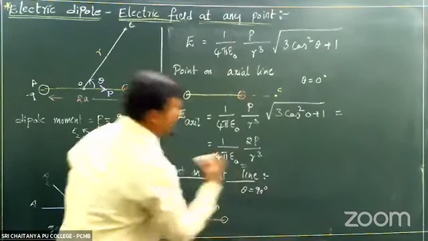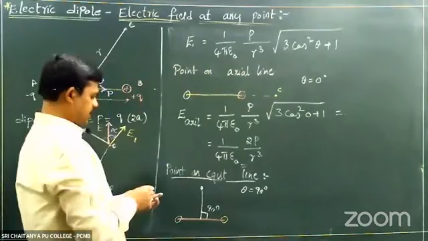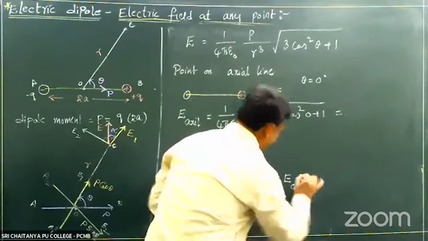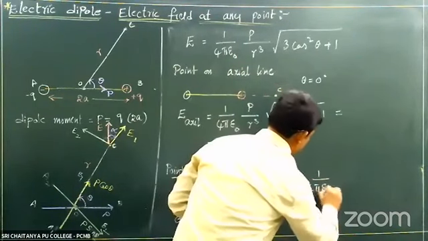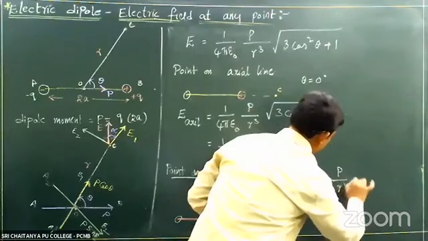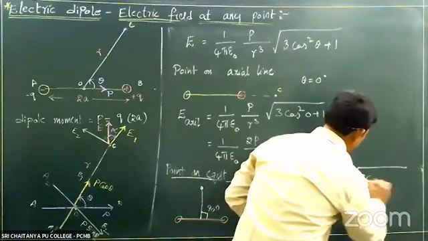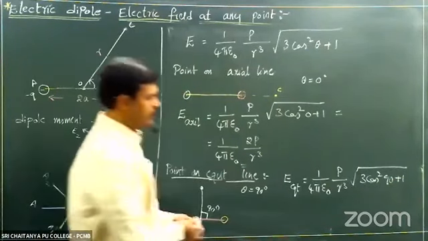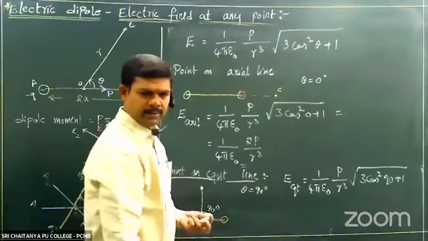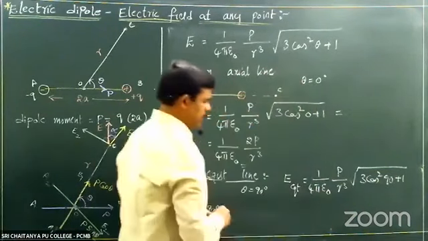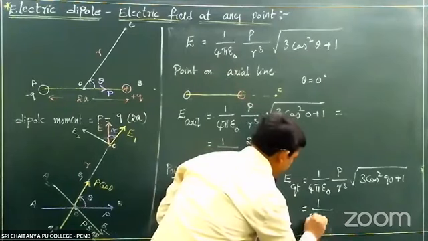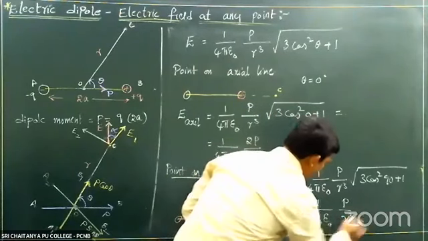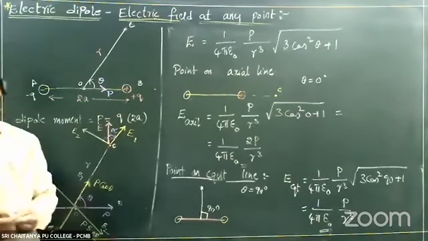Theta is equal to 90. Then take the formula and substitute it. E equatorial is 1 by 4 pi epsilon naught P by R cube root over 3 cos square 90 plus 1. Right? Cos 90 is 0. So this term becomes 0. So what results? 1 by 4 pi epsilon naught P by R cube. This is the result we got, right?